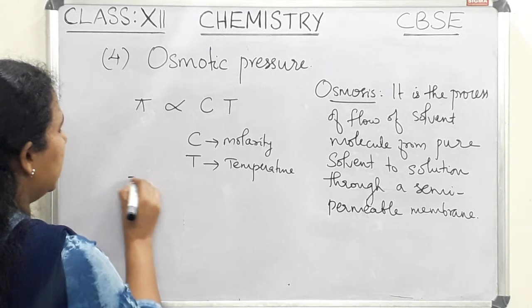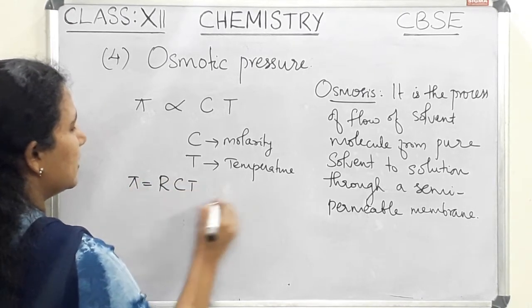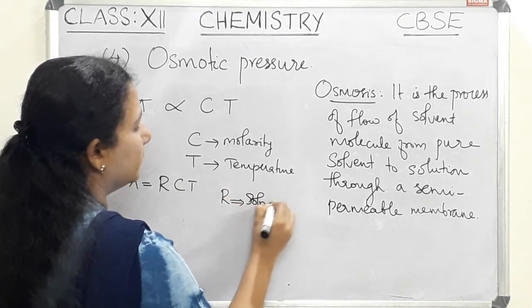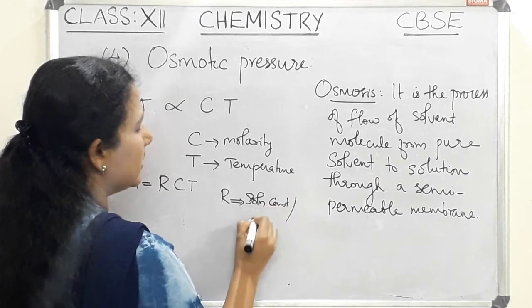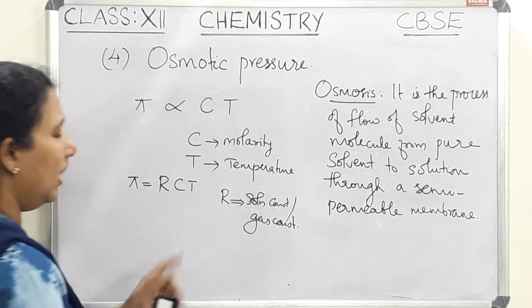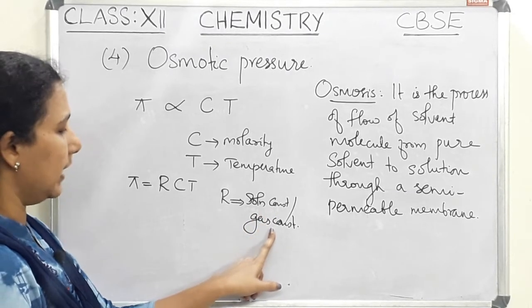So pi is equal to a constant R into CT, where R is called the solution constant, which is equal to the gas constant.